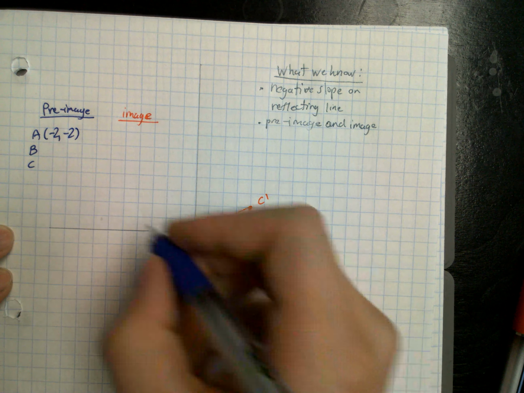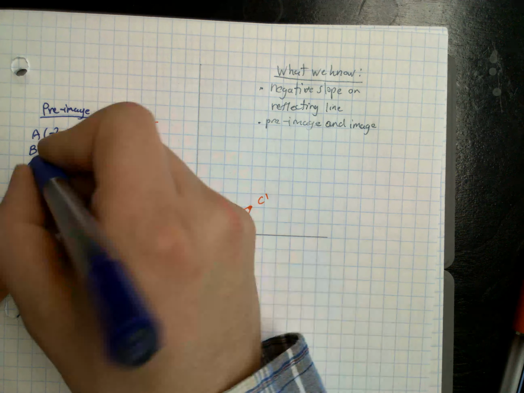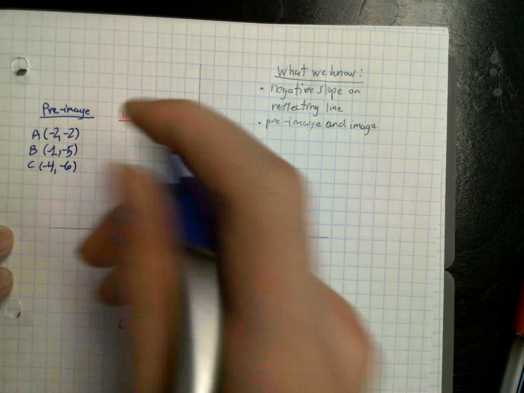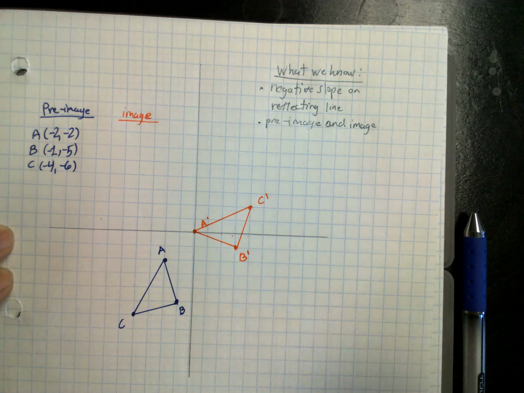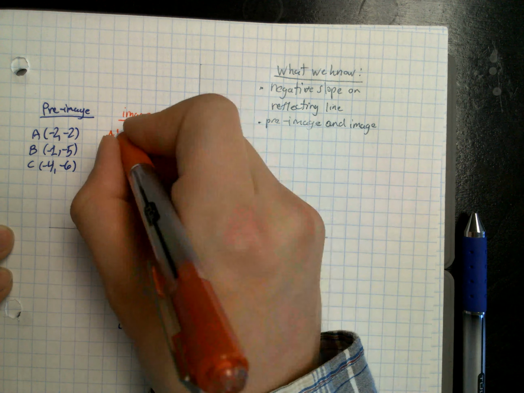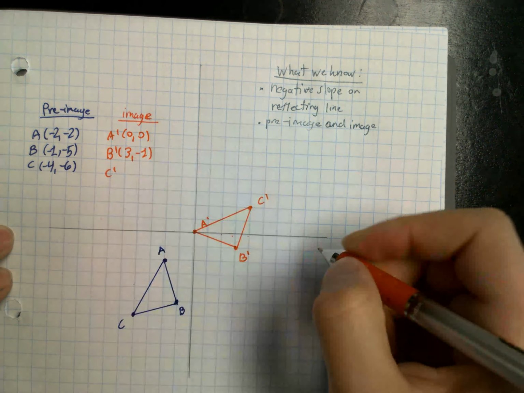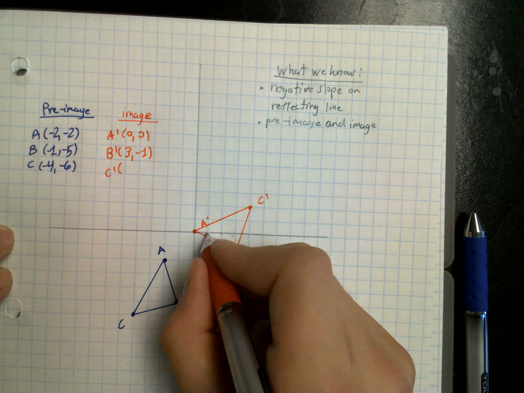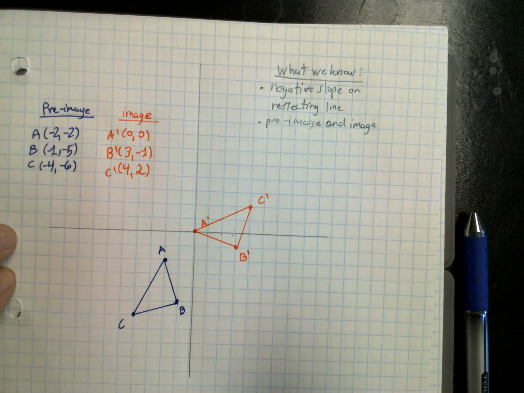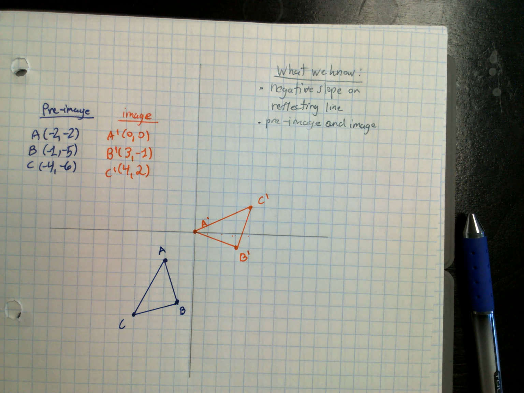B is negative 1, negative 5. And C is negative 4, negative 6. The image then becomes A prime, B prime, and C prime. A becomes 0, 0. B becomes 3, negative 1. And C becomes 4, 2. Okay? So, good stuff. All right?